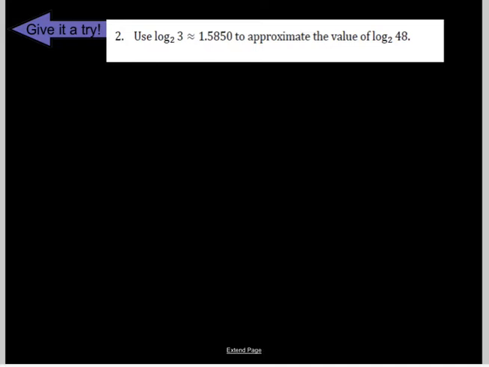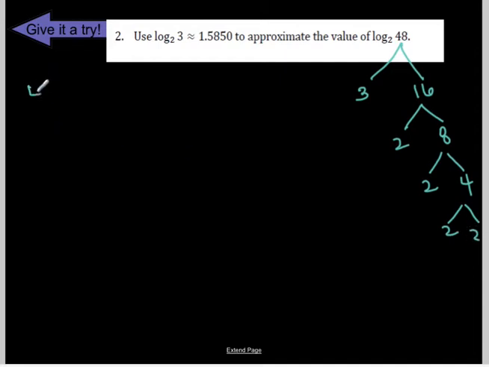Let's first of all break down 48. 48 is really 3 times 16. I'm going to break it down even further. 16 is really 2 times 8, and this is 2 times 4, and this is 2 times 2. So I can rewrite 48 as, how many 2's are there? 2 times 2 times 2 times 2, 4 of them, as 2 to the 4th times 3.